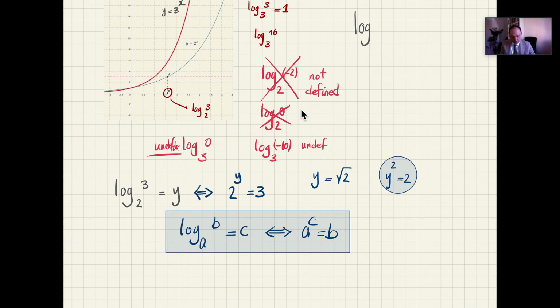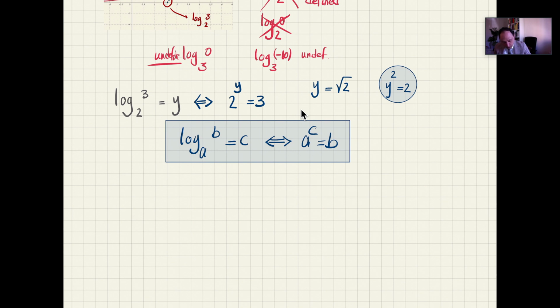For example, let me now tell you, can you tell me what is the log of 8 in base 2? If you can do it in your head, good. If not, let us call it x. I don't know x, I want to calculate x. But immediately, it means 2 to the power x is supposed to be 8.